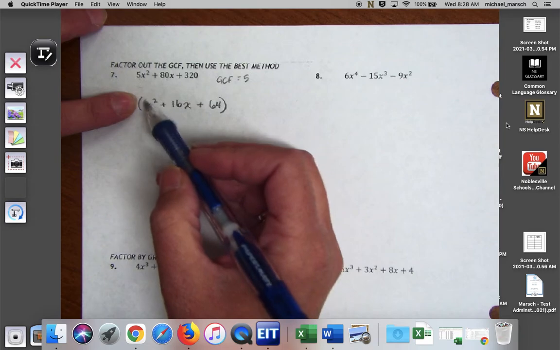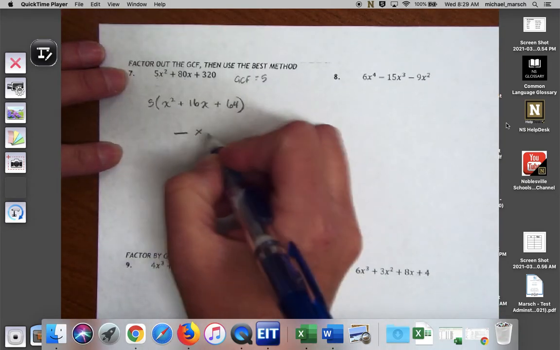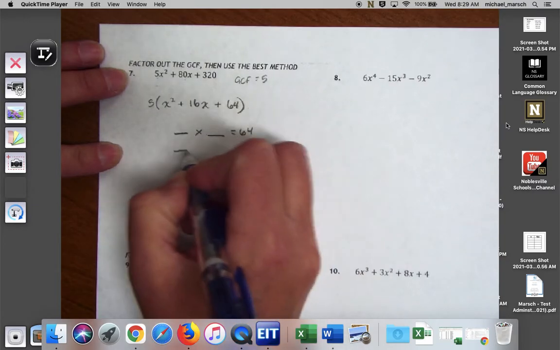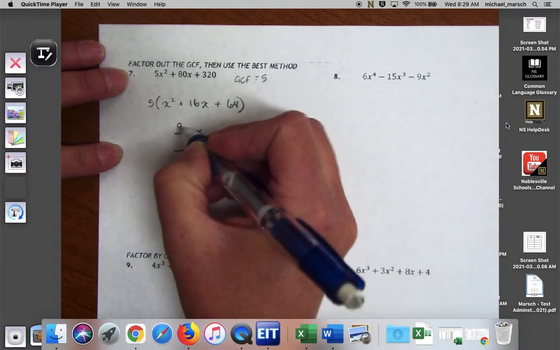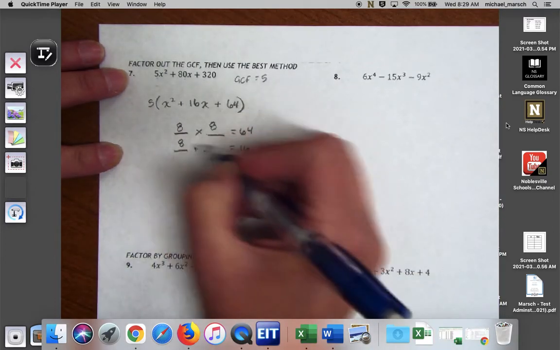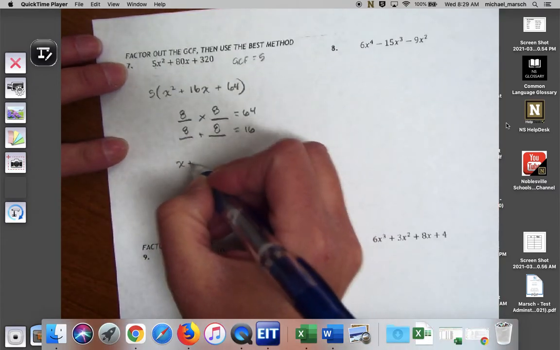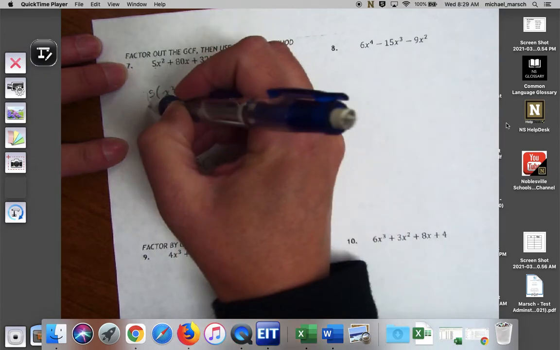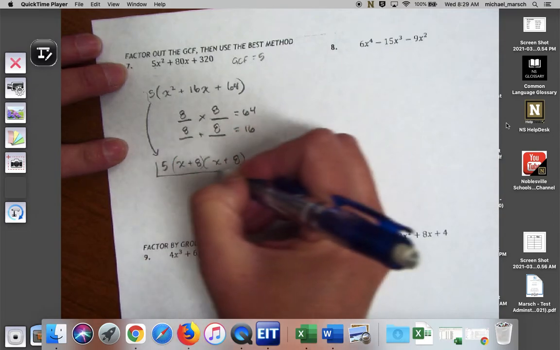I'm going to look here and see that there's no value in front of this x, so I can just cut right to the x times what gives me that 64. What plus what gives me that 16. Hopefully you can see that they are both 8 because they're positives. So my quantities are x plus 8 times x plus 8, and then I bring down that 5 that I factored out, and that's my answer.